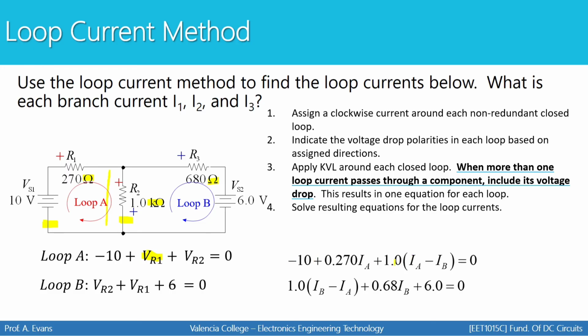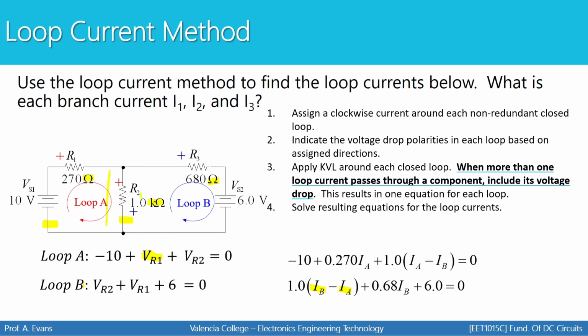So we filled in the first equation. The second equation, we're going to do the same thing. The second equation for loop B has VR2 again. Since now our perspective is loop B, we're going to write the voltage for loop B in terms of the difference between IB and IA, because this is the loop we're considering.